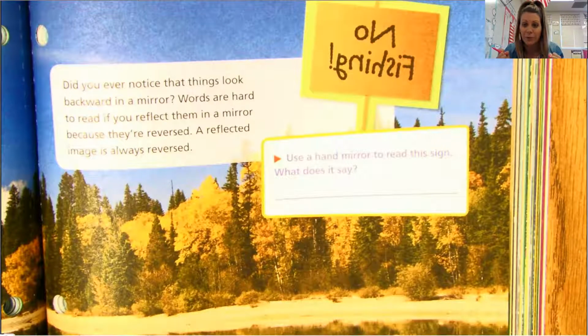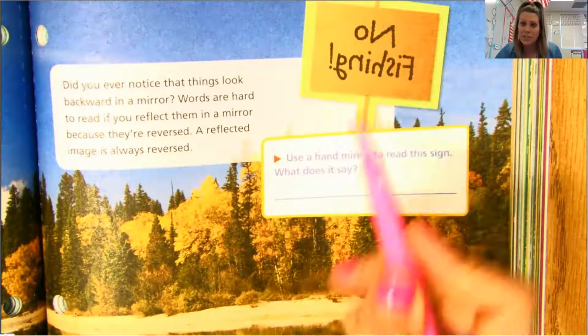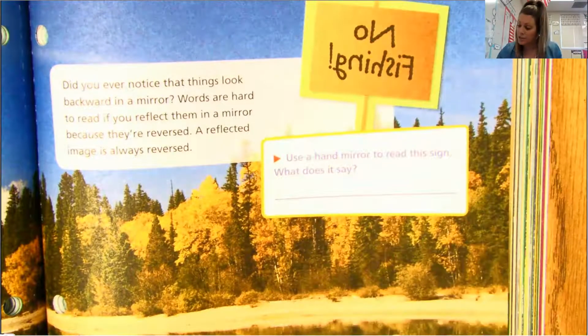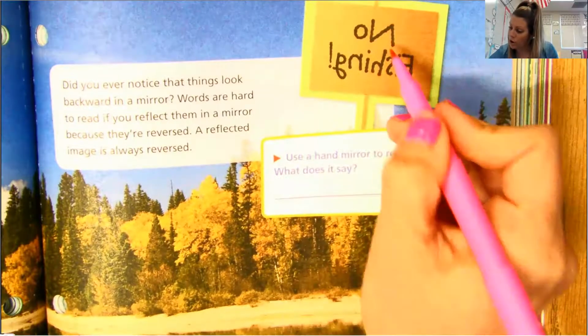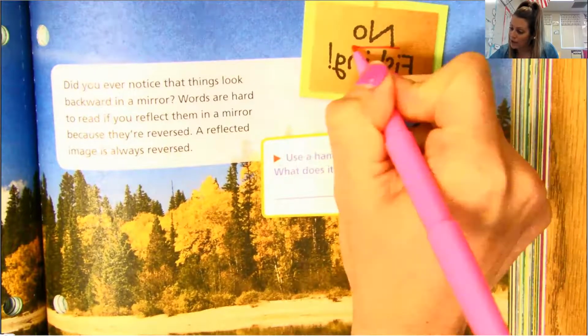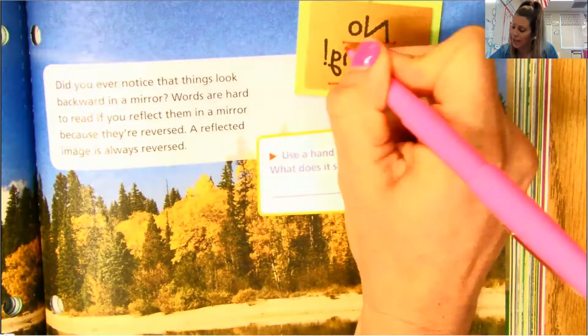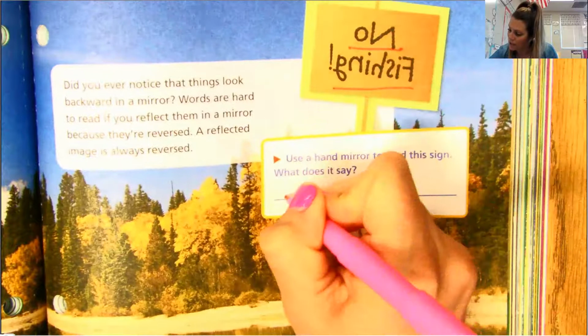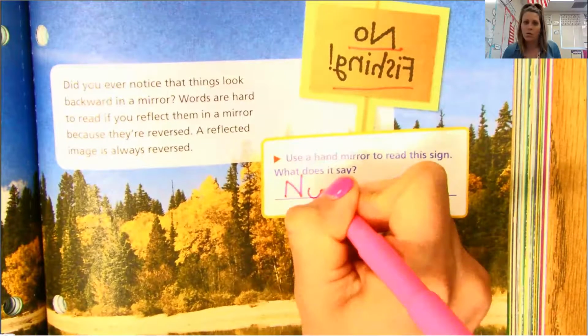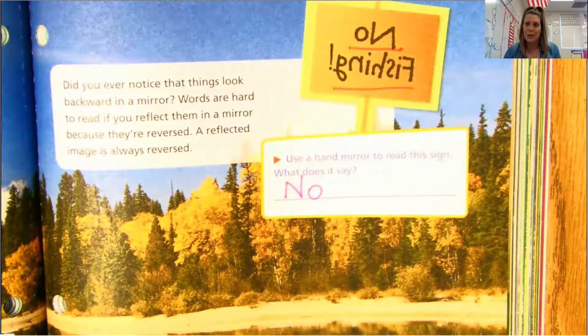And I do not have a mirror with me. But if I held this up, it reads backwards. So it would go this way. So if I went from right to left, I would have N-O. What's that spell? No.